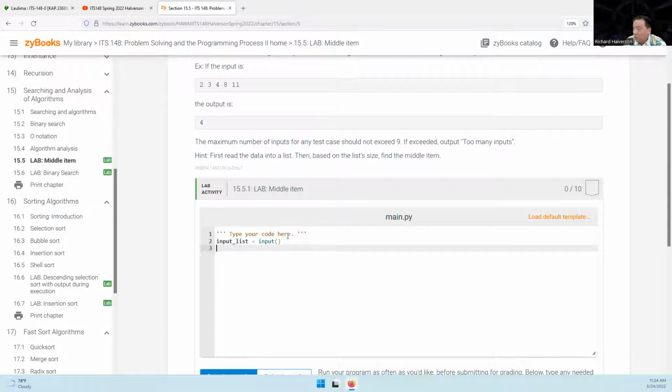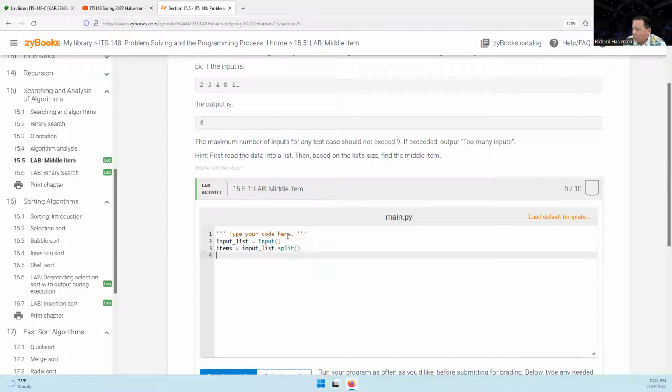I'm going to assume that I get what they tell me. And so I can just do items equals input list split. And because I'm splitting on a space, I don't need to put any argument into that. You just do left, right parentheses.